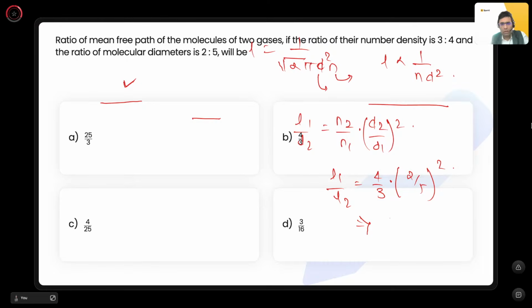Let's check it once. The ratio is number density is N2 by N1. So this will be 4/3. Yes. So this will come out to be 25/3. L2 by L1 or L1 by L2, whatever.